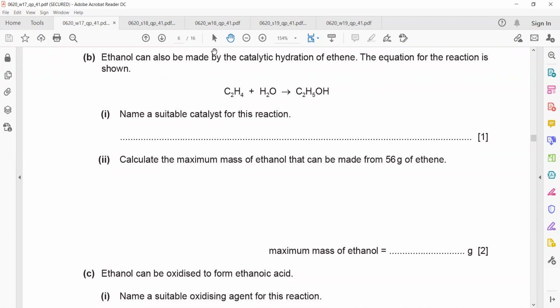Normally we use concentrated phosphoric acid. Phosphoric acid is what earns the mark, but in practice we use concentrated phosphoric acid. Even if you don't write concentrated, you will not lose the mark.